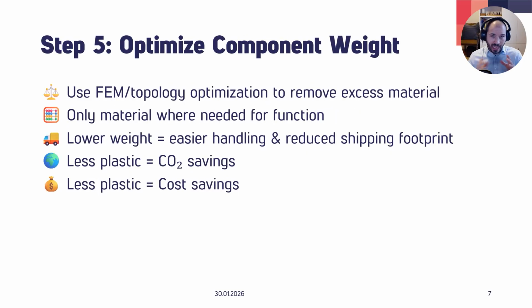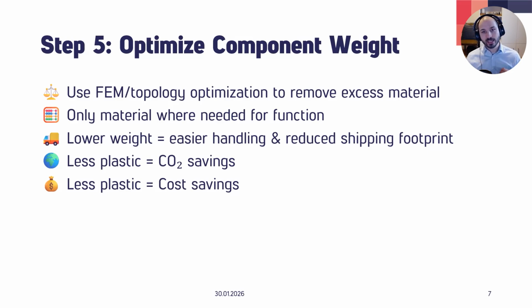Good. Then, when you have fewer components than before, you try to optimize them as much as possible. There is a lot of good software out there, such as FEM or topology optimization software, that removes excess material, so you put material only where it's actually needed for the function or where it's actually seeing stress.